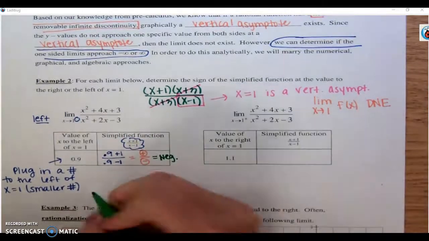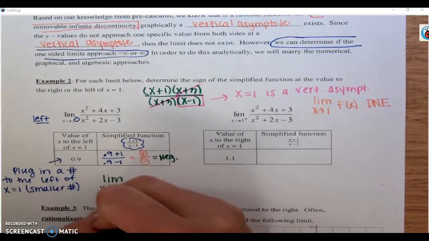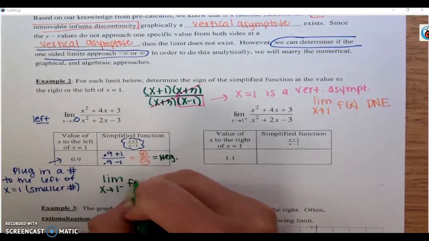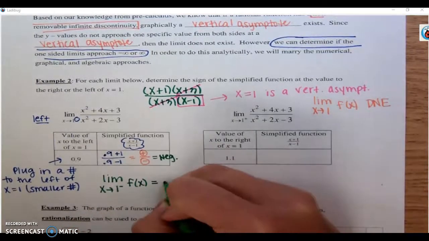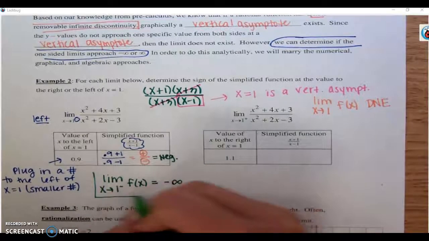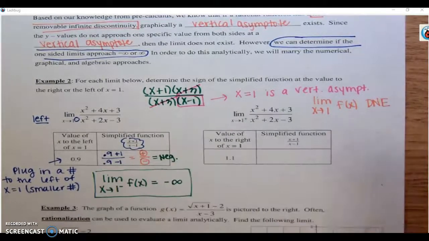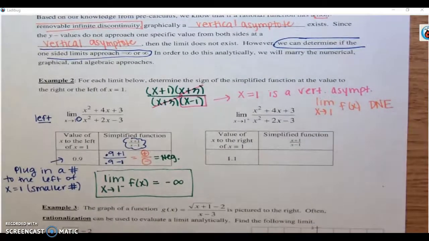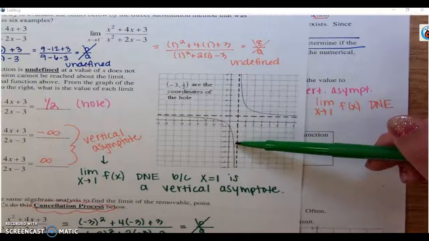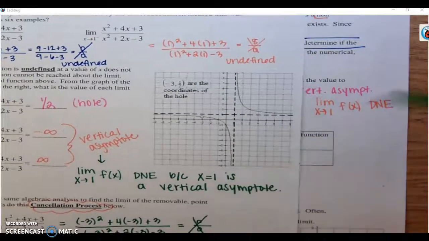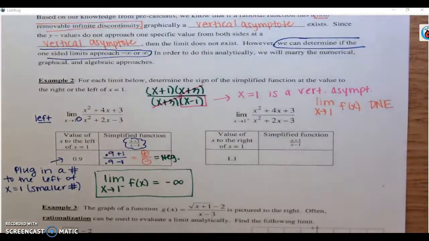So what this tells me is the limit as x approaches 1 from the left of our f of x is going to be negative infinity. Because your answer is going towards negative numbers, on your graph it would have to be getting smaller and smaller, so negative infinity.